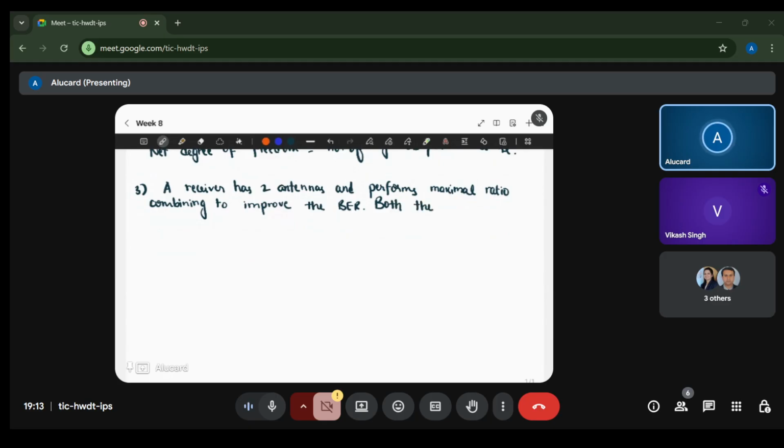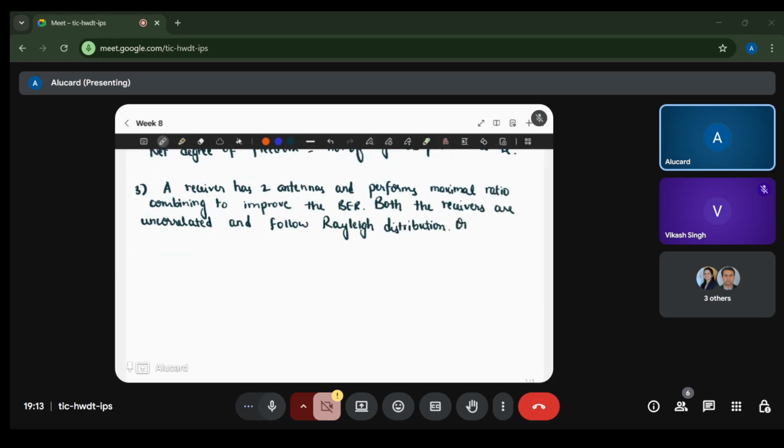Both the receivers are uncorrelated and follow Rayleigh distribution.